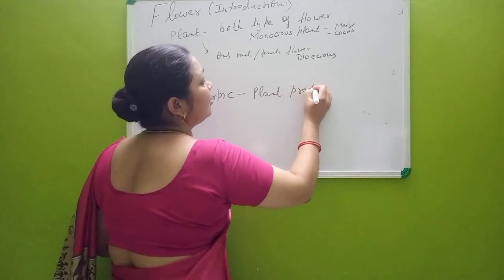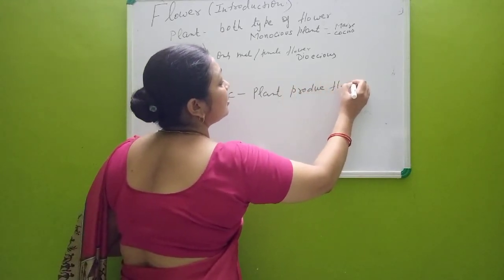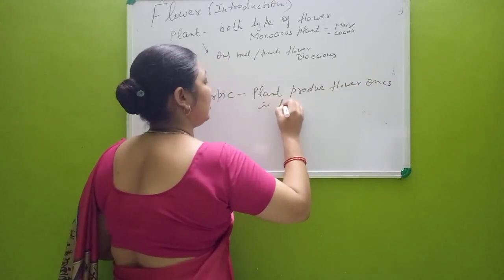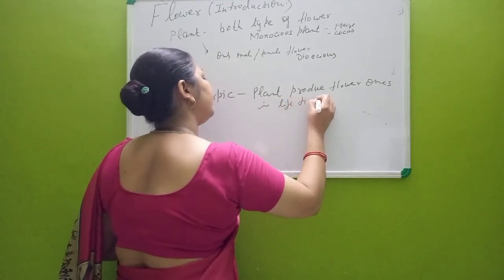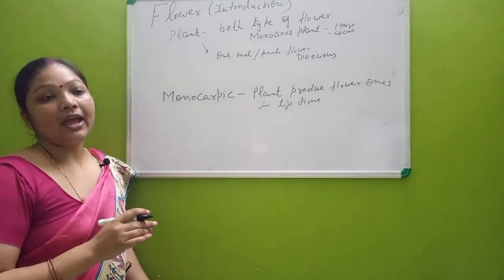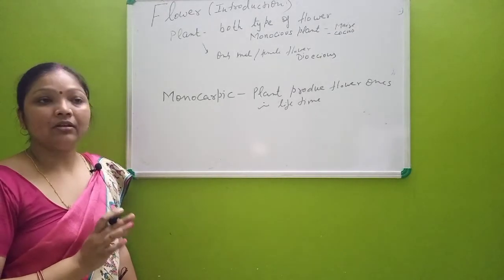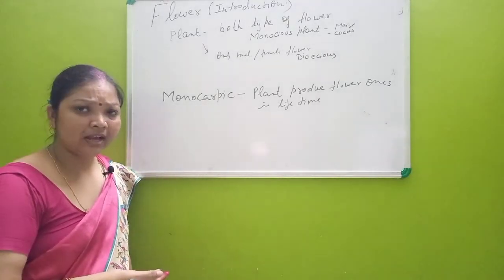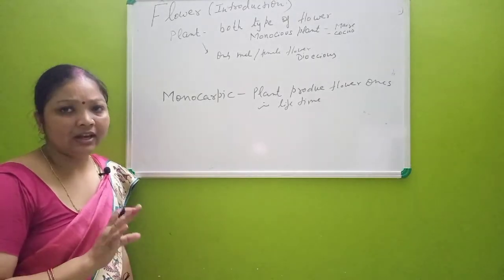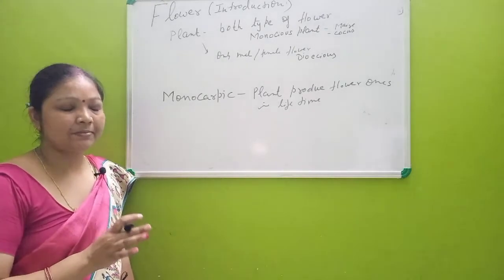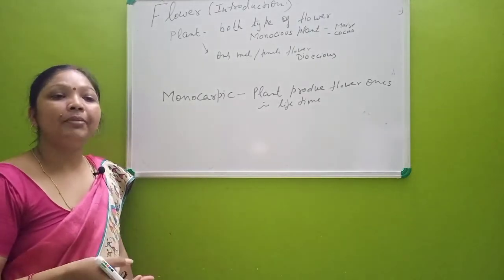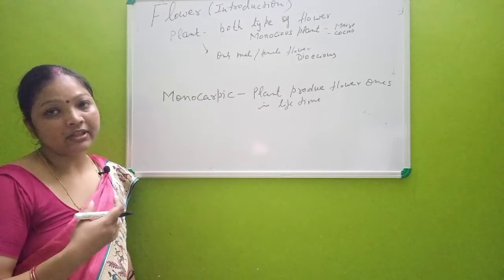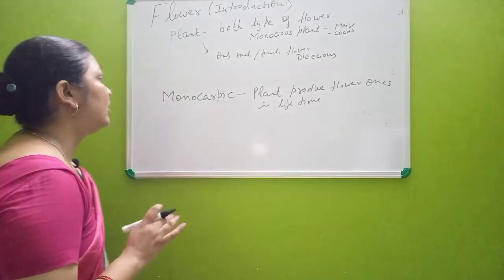This is called a monocarpic plant. An example is a seasonal flowering plant. Only one time they flower and after that their lifespan is ended. Or you can say a crop plant. They flower once in a lifetime and after that the lifespan is ended.